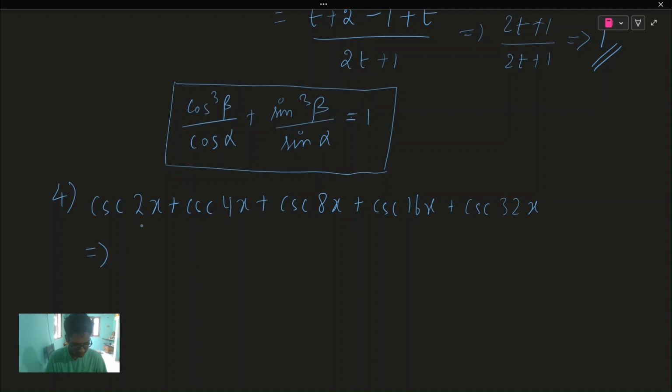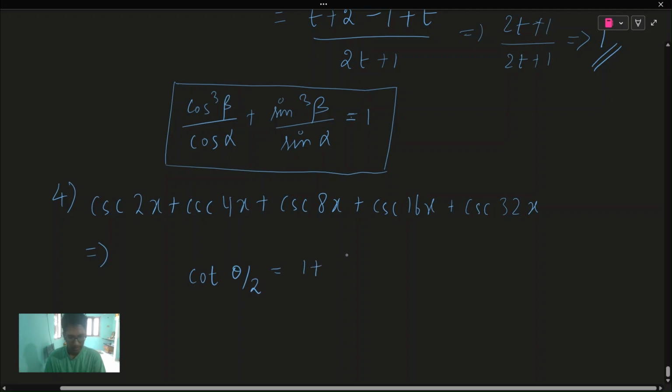Here we can substitute using a famous identity where cot theta by 2 is equal to 1 plus cos theta divided by sine theta.